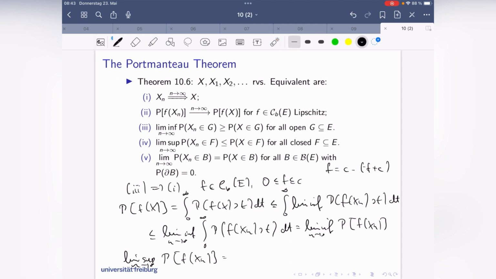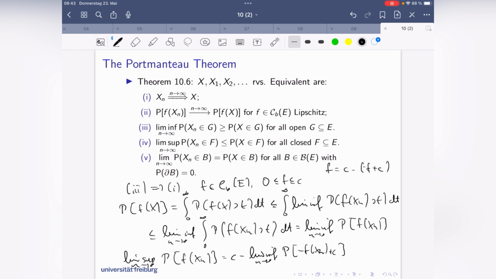So I have c minus lim inf, so the lim sup becomes lim inf if I pull the minus sign out. n goes to infinity, pi minus f of xn plus c.